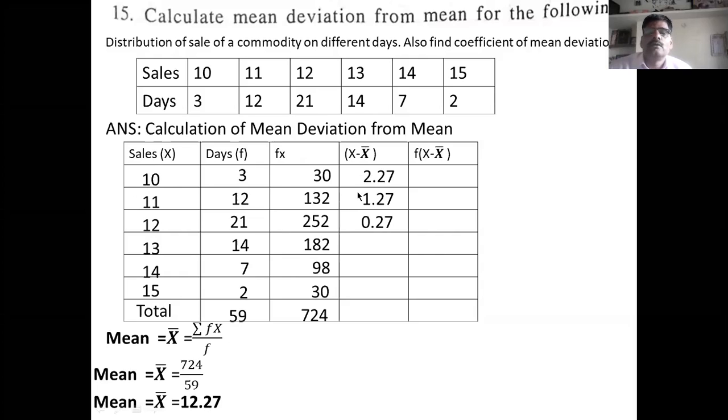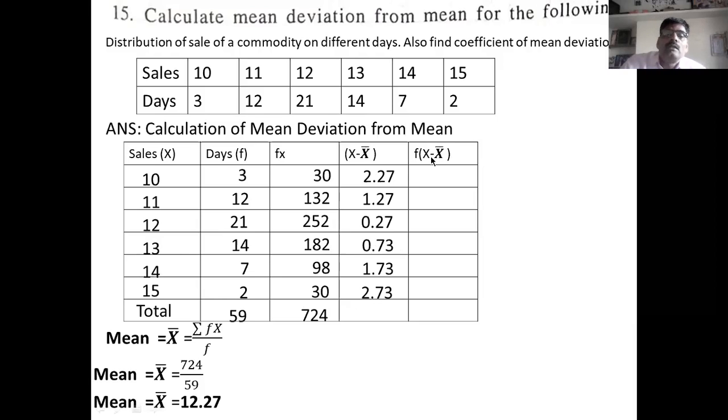You take the difference. 10 minus 12.27, 11 minus 12.27, 12 minus 12.27, 13 minus 12.27, 0.73, 14 minus 12.27, 1.73, 15 minus 12.27, 2.73. Like this you calculate the difference. You don't put minus or plus. Remember this. Don't put plus or minus. This is the x minus x bar.